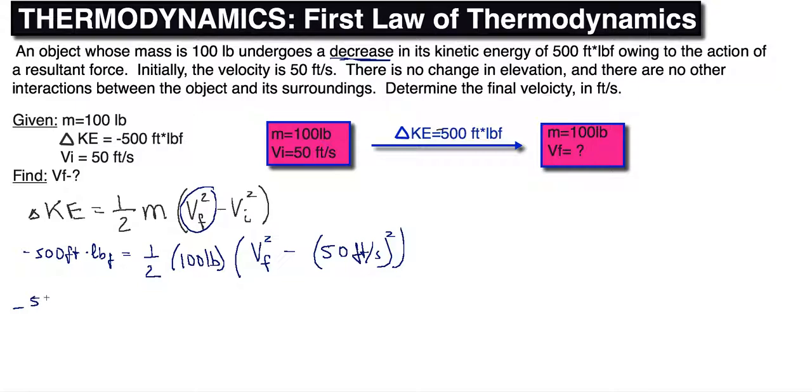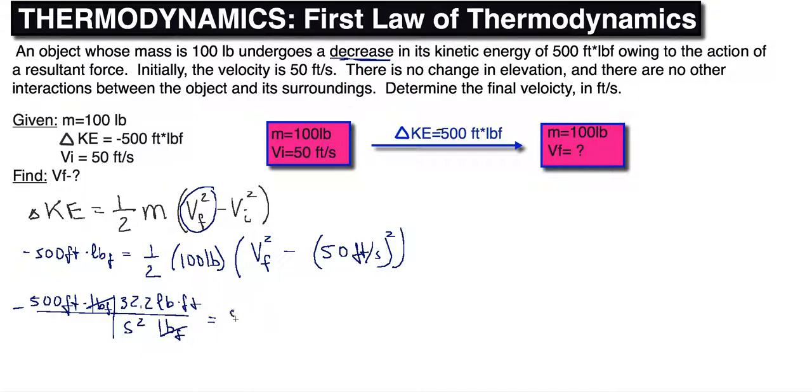We're going to have minus 500 feet times pound force, multiplied by 32.2 pounds times feet per second squared, which is how much 1 pound force is in just pounds. So this will cancel.